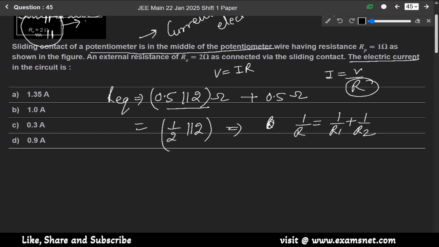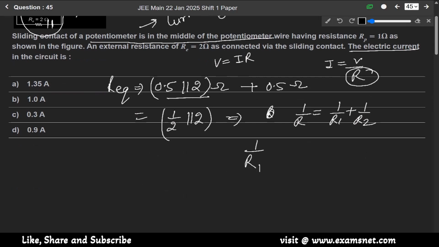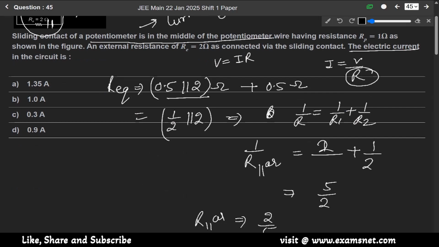For parallel, it will be equals to 1 over 1 by 2, means 2, plus 1 over R2, means 1 by 2. It will be 4 plus 1, 5 by 2. So R parallel will be equals to 2 by 5.